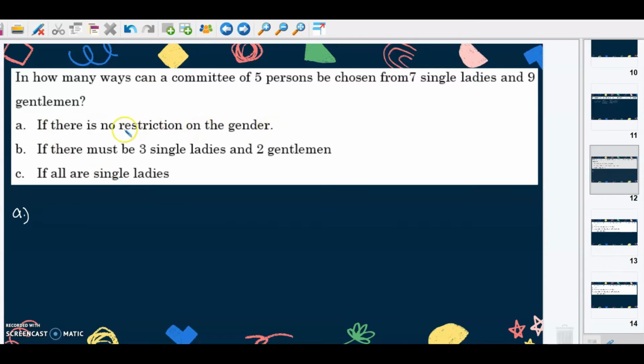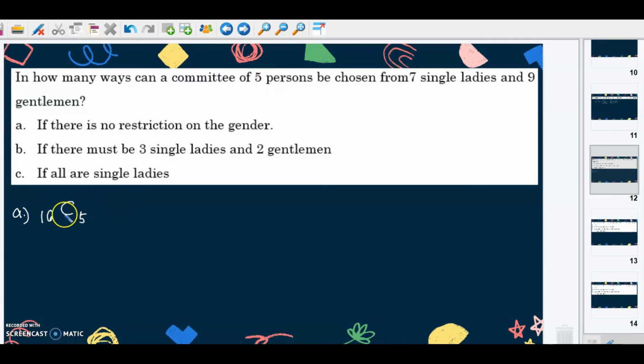So since there is no restriction for the gender, that means we're just going to combine the number of single ladies and the number of gentlemen, meaning we're just going to count how many persons are there in the group. So all in all, we have 7 plus 9, which is 16. Then that means from those 16 persons, we're just going to choose 5 persons for the members of our committee.